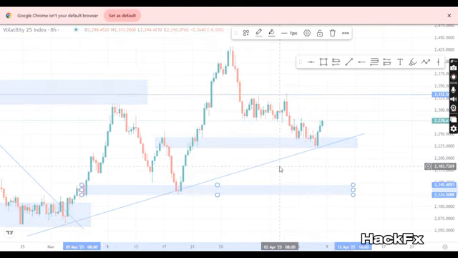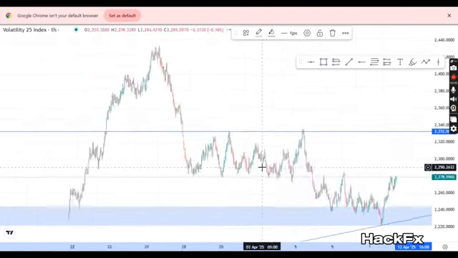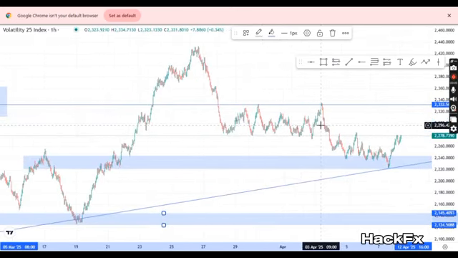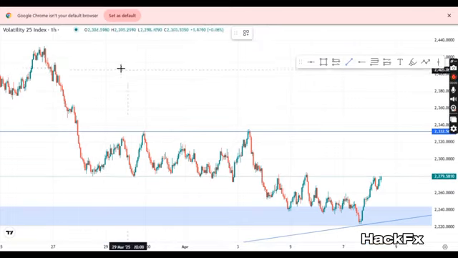Now when we go to 1 hour, you can see what price has done. See, price seems to be bearish on 1 hour time frame. Why? Because let's use trend line to show it.